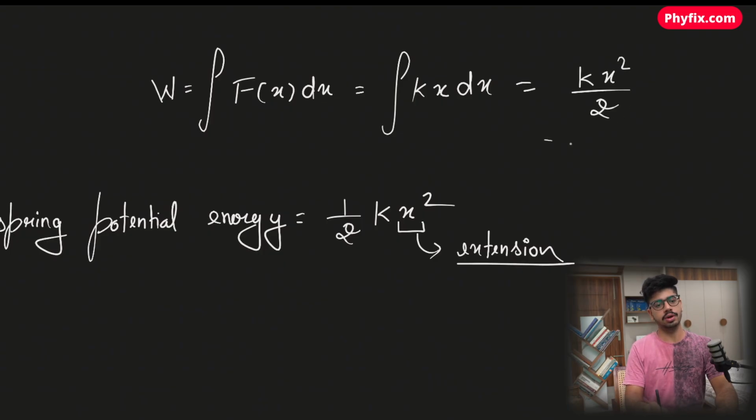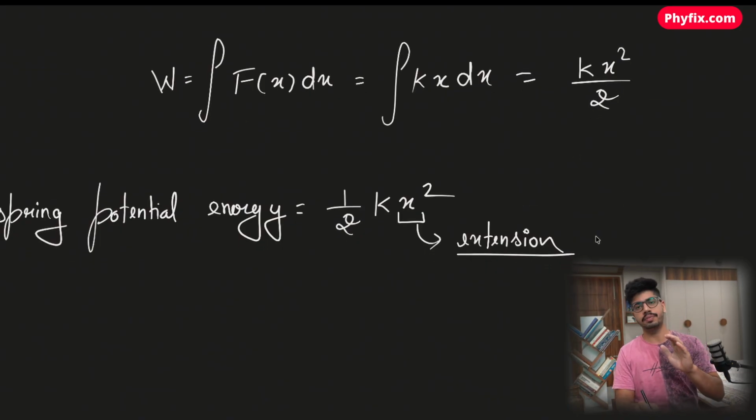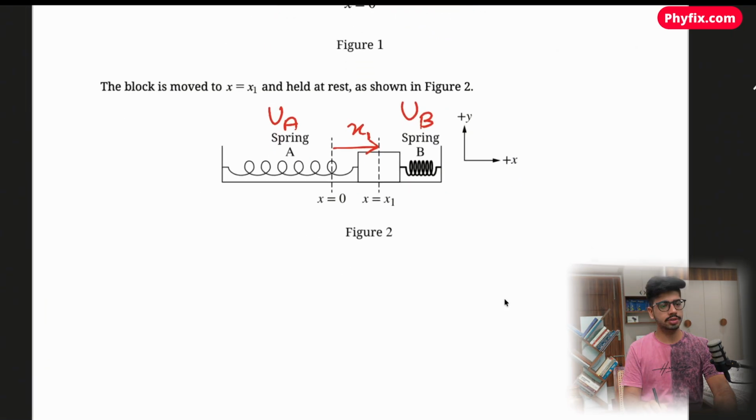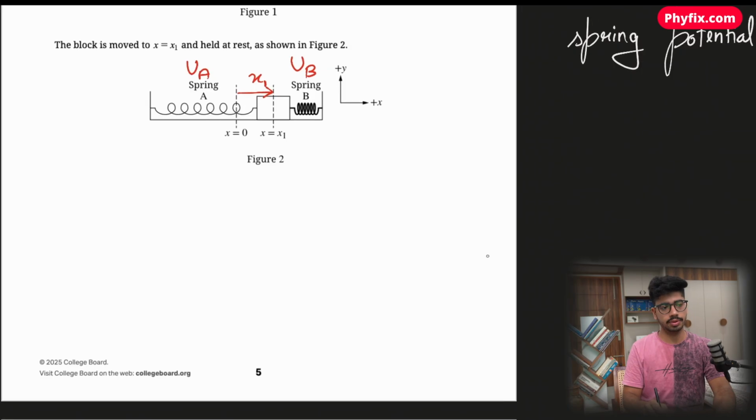So the work done on the spring when you stretch it a distance x is half k x squared. That is the spring potential energy stored in the spring. One spring is compressed, so it will store some energy, and the other is stretched, so it will also store some energy.